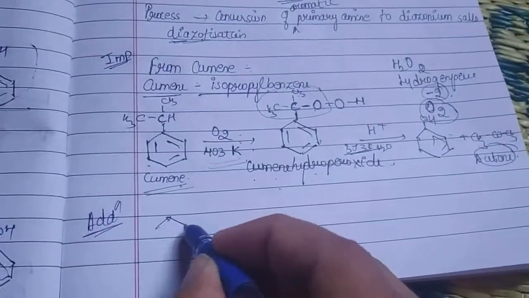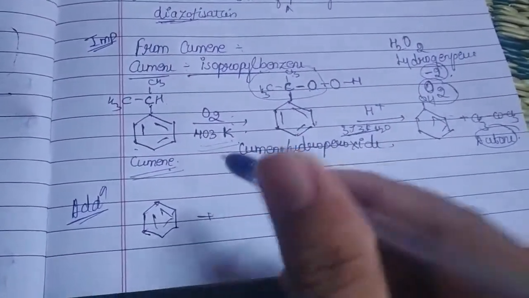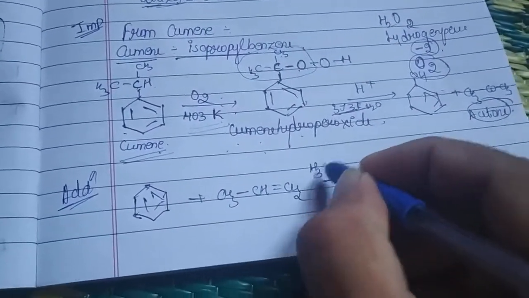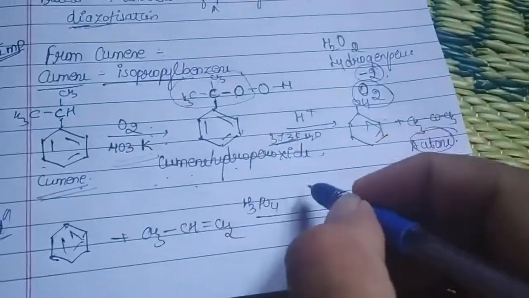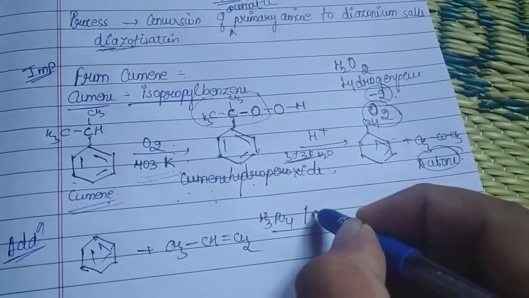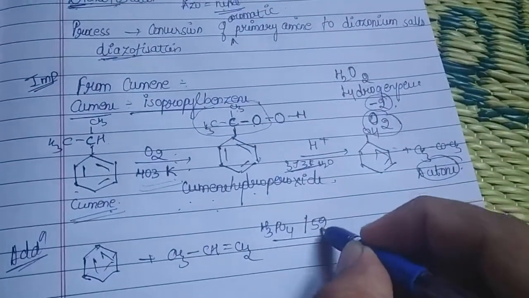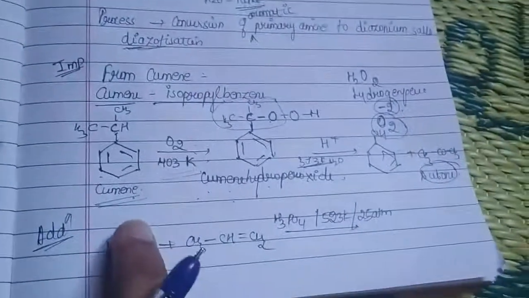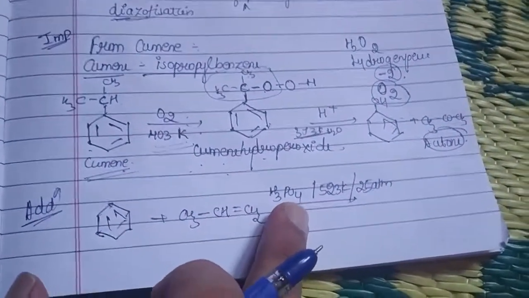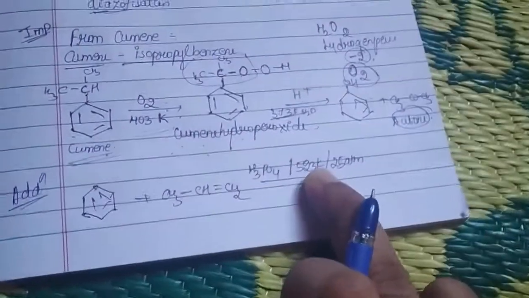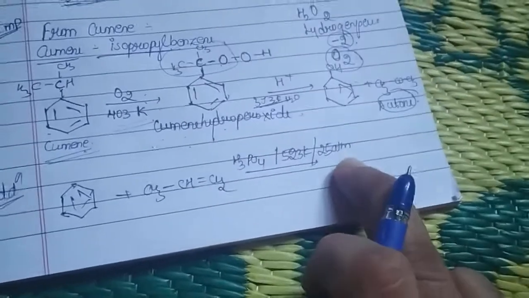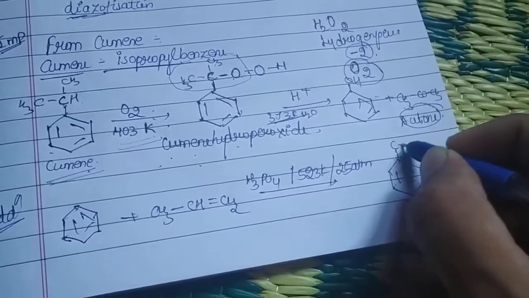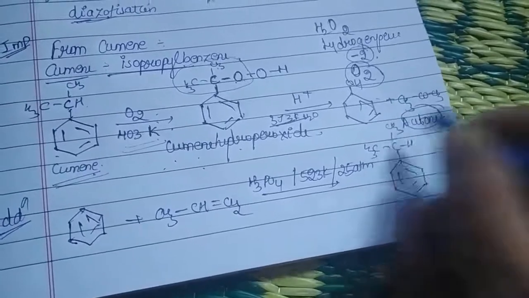Basically, when we treat benzene with propene, CH3CH=CH2, in the presence of H3PO4, phosphoric acid, at a temperature of 500 to 523 Kelvin and nearly 25 atmospheric pressure, we will be getting our cumene. That is C6H5CH(CH3)2.